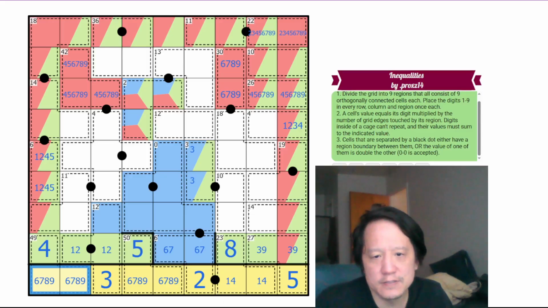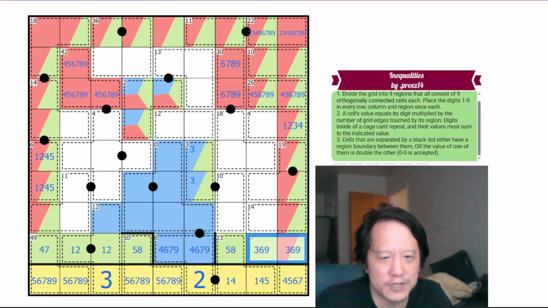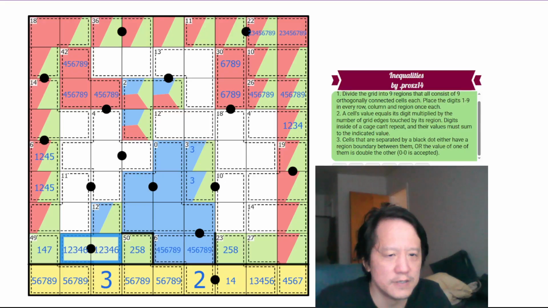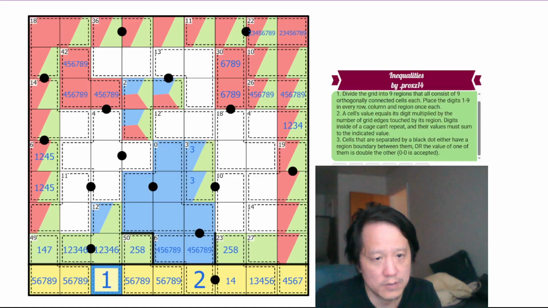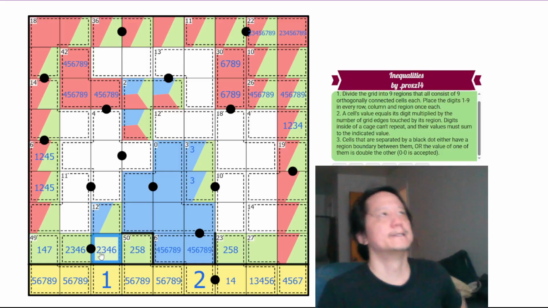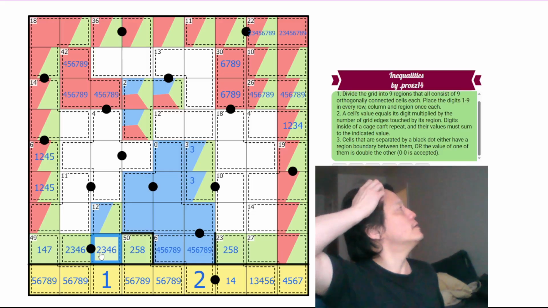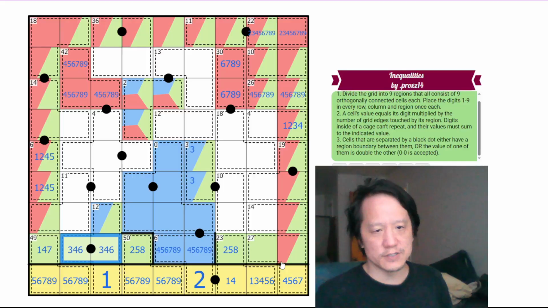Okay, that's not what I was hoping for. I was hoping for a contradiction. Okay, what happens if we have a 1 here? So if this is 1, this can't be 1. It could be either 2, 4 or 3, 6. What happens if it's 3, 6?